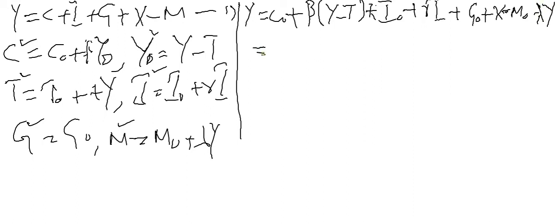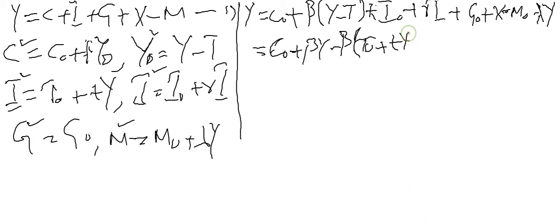So again simplifying that, C naught plus beta Y minus beta T, and now we know that T is equal to T naught plus tY, plus I naught plus, and the rest of the equation will be the same. Now multiply the beta with the term inside the brackets.